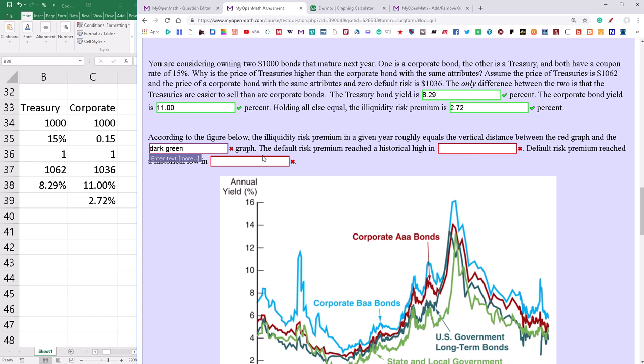And there's a lot more players in the government bond market. So you have these corporate bonds, and then you have these treasury bonds. And the treasury bond market is just so much bigger than the corporate bond market. So I believe the difference between the red graph and the dark green graph at a given time period is the illiquidity risk premium.